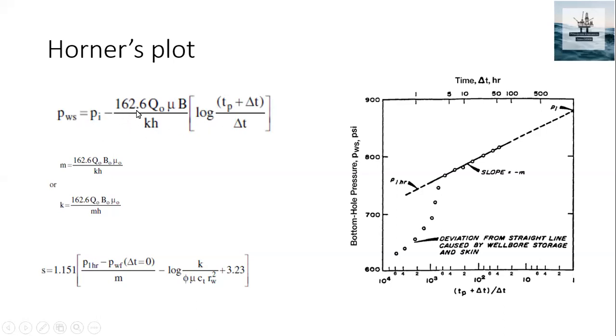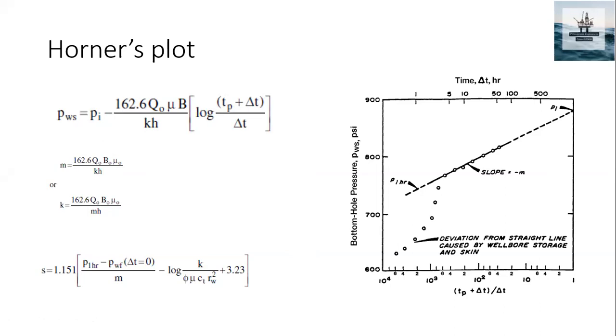M is equal to minus 162.6 Q naught mu B by KH. In Horner's plot for the pressure buildup test, M is equal to minus 162.6 Q naught B naught mu naught by KH. That is the only adjustment we are supposed to make over here.